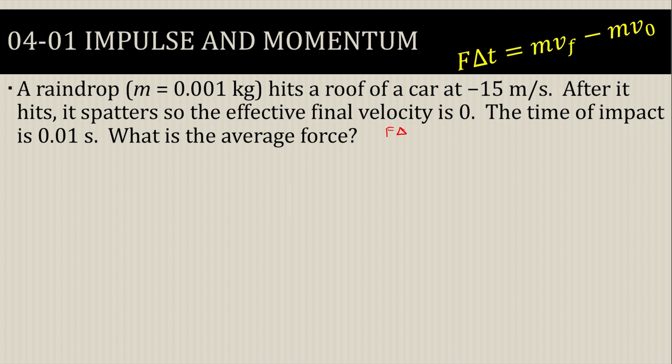Well, our time is 0.01 seconds. Our mass, which is rather small because it's a raindrop. Final velocity is 0. Initial velocity is negative 15 meters per second.